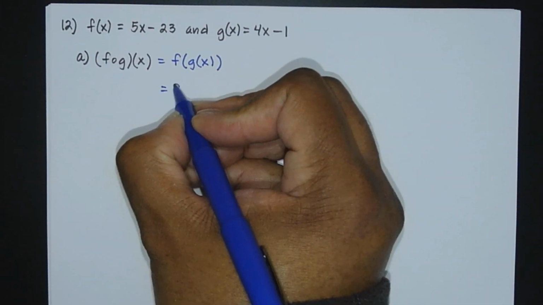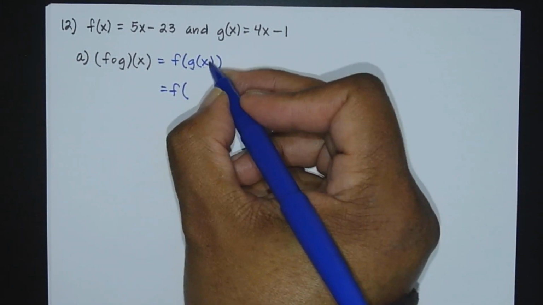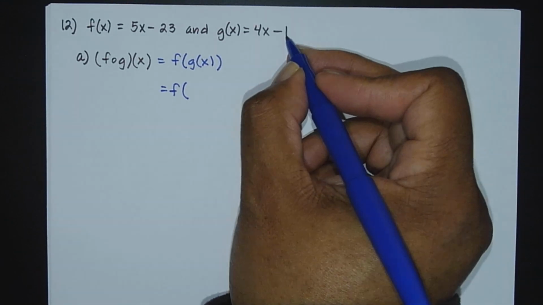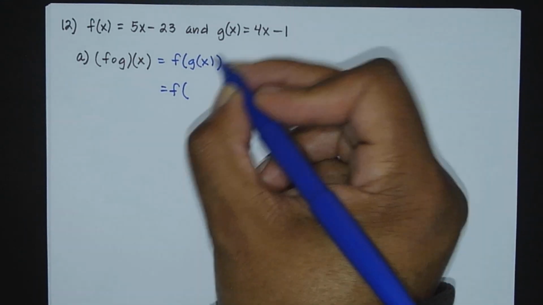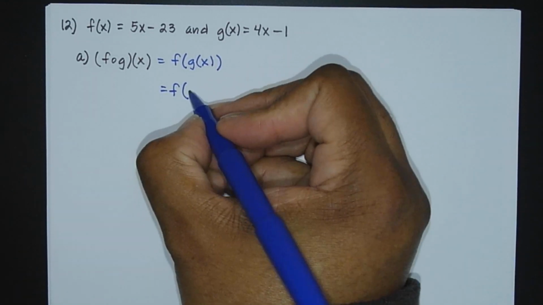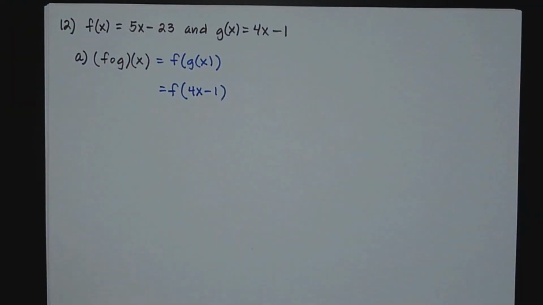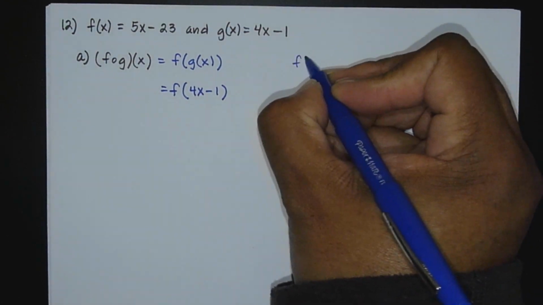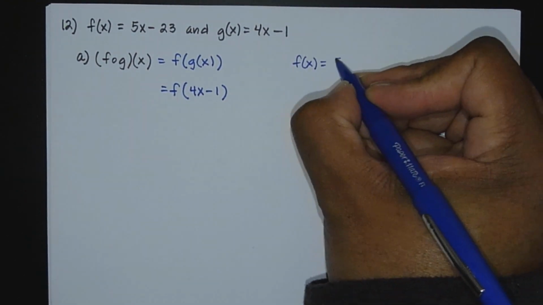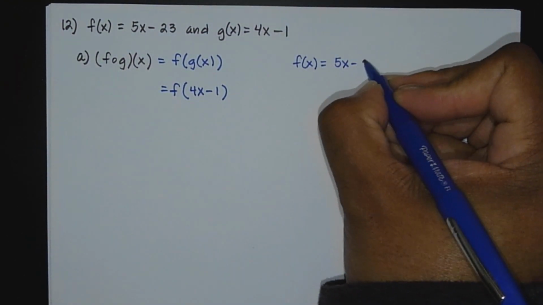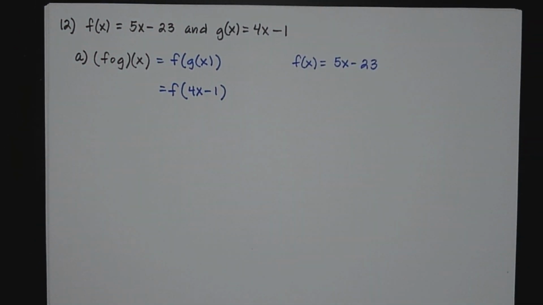In this case, my inside function is g of x, but g of x is equal to 4x minus 1. So I'll replace g of x with 4x minus 1. So I'm going to be evaluating f of 4x minus 1. Now my f of x, of course, is equal to 5x minus 23.